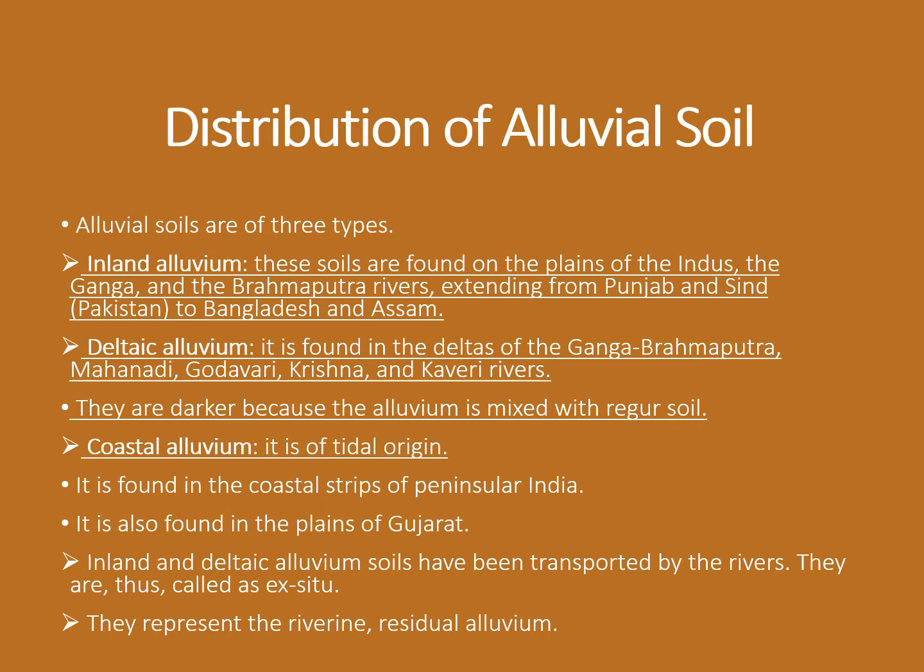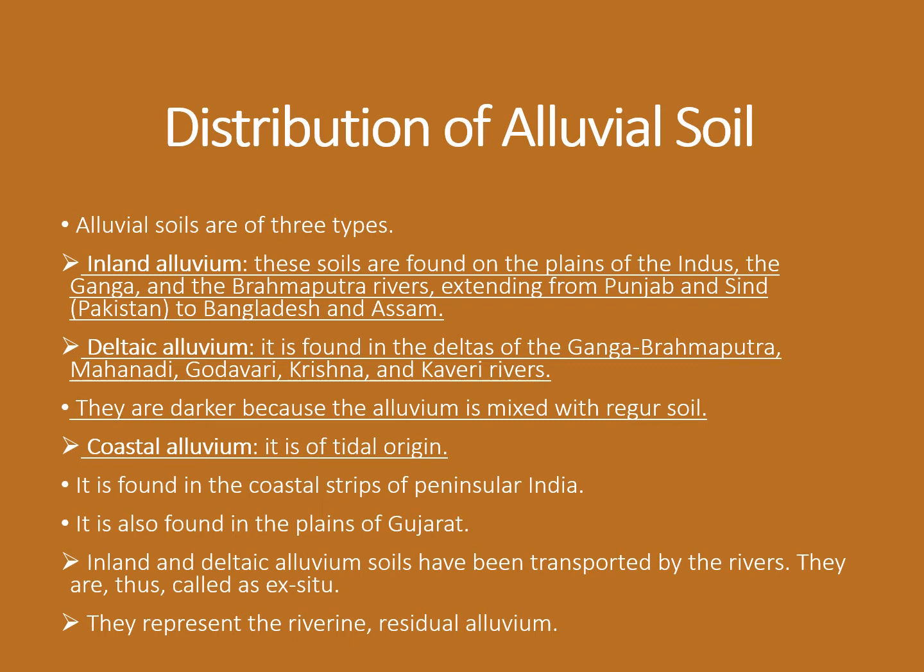Next is deltaic alluvium. The deltaic alluvium is found in the deltas of the Ganga and Brahmaputra, Mahanadi, Godavari, Krishna, and Kaveri rivers. They are darker in color because the alluvium is mixed with regur soil. Next is coastal alluvium.